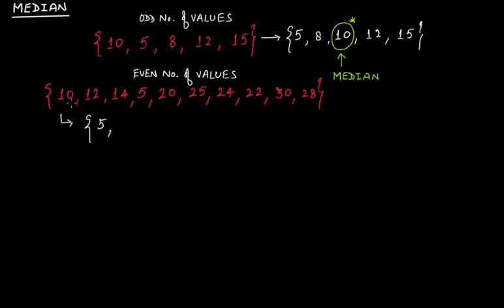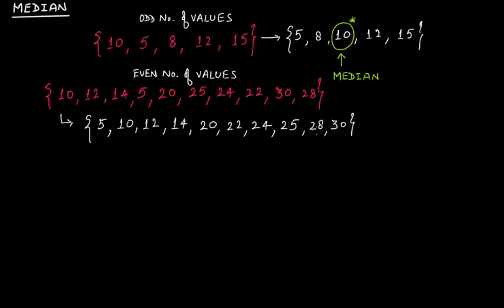Then you have 10, then 12, then 14, then 20, then 22, then 24, then 25, then 28, and then finally 30. Okay, this is our data set.